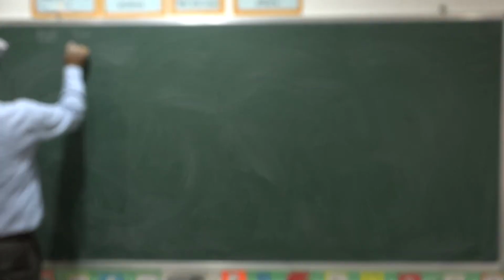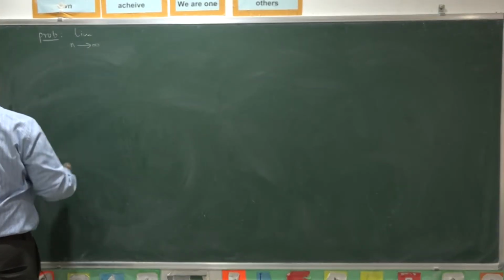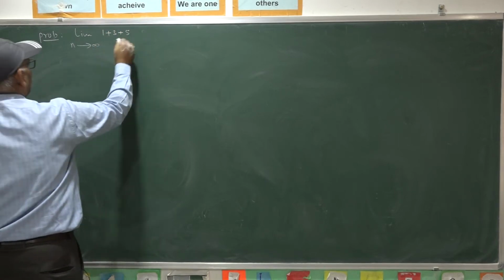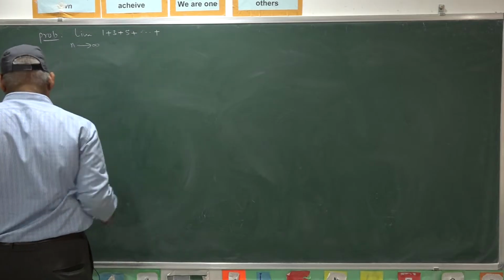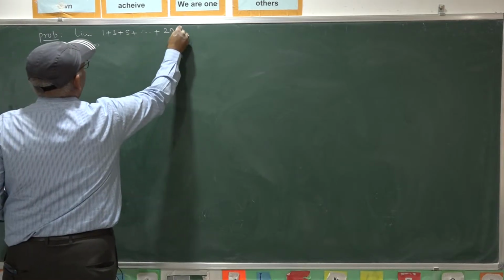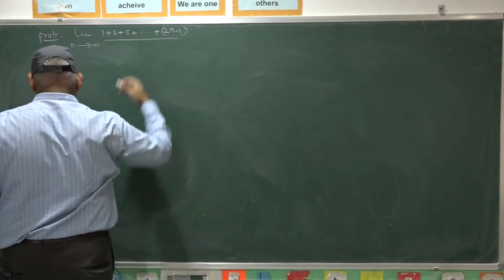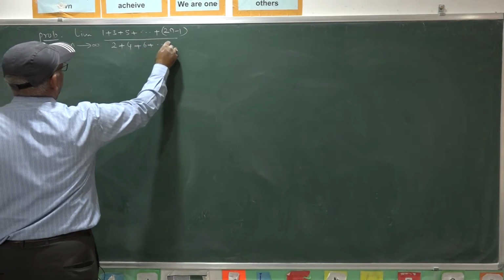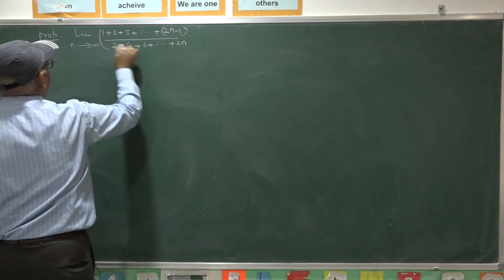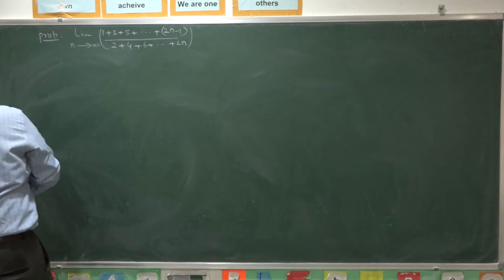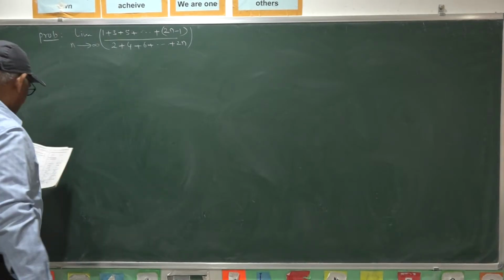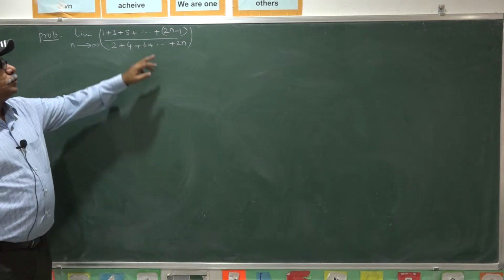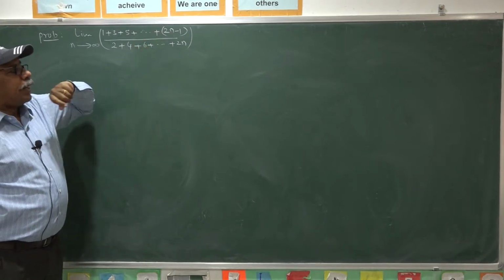Limit as n goes to infinity of (1 plus 3 plus 5 and so on up to 2n minus 1) by (2 plus 4 plus 6 and so on up to 2n).